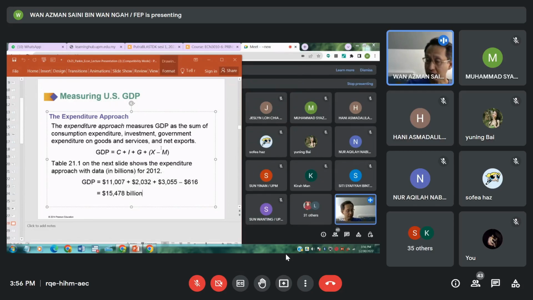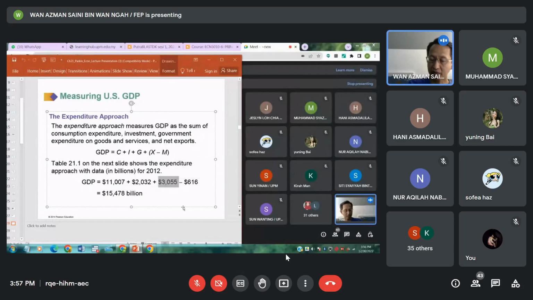So this is the expenditure approach to compute GDP. You just total up all the spending in the economy, then you can get GDP. This represents the market value of all goods produced in the economy and also imported, spent or purchased by the household. This is the market value of all goods purchased by firms, basically capital goods.